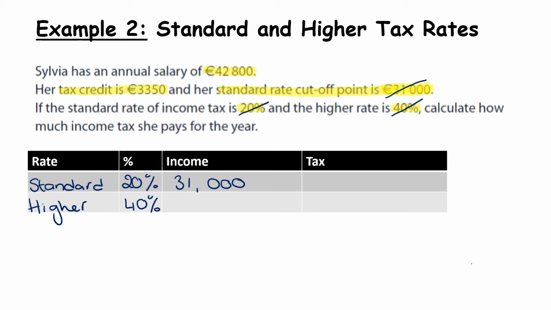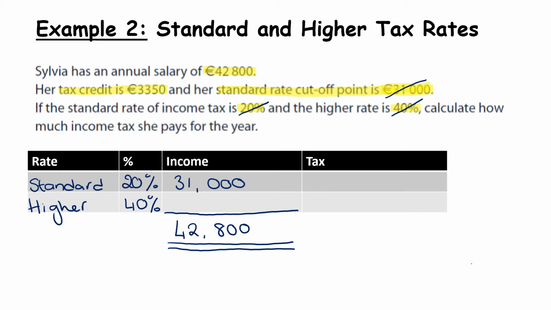Now, I like to put in the total income then here, which was 42,800. Okay, so that was Sylvia's total income. Now, I need to figure out what bit of her income is left to be charged at the higher rate of tax. So 31,000 plus that blank will give me 42,800.